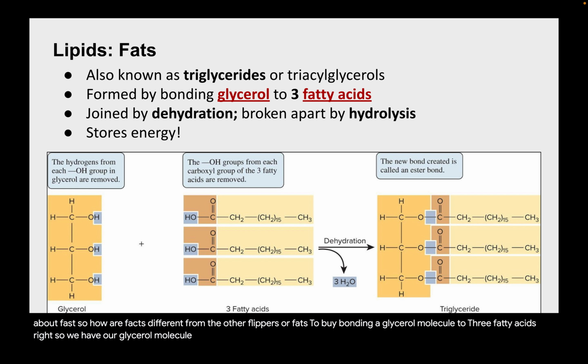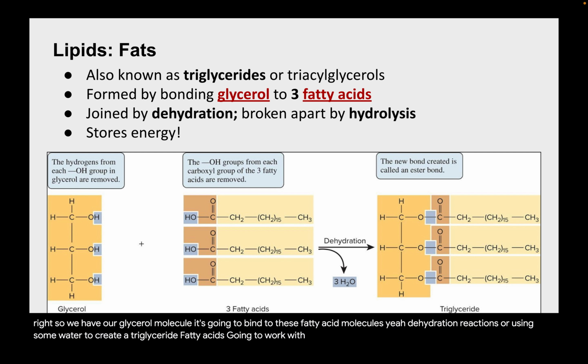It's going to bind to these fatty acid molecules via dehydration reactions, so we're using some water, to create a triglyceride. Now, triglyceride, tri meaning 3, I think 3 fatty acids. So we have our 3 fatty acids joined to our glycerol via dehydration. They can always break apart via hydrolysis.